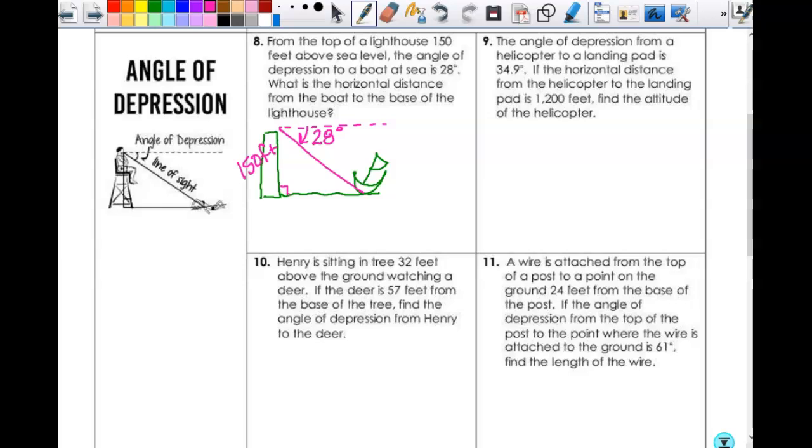So then I could find this angle, but don't do that because sometimes you're going to subtract wrong and you don't want to do that. But if this is 28 degrees, this right here is also 28 degrees because they are what type of angle pair? What type of angle pair are they?